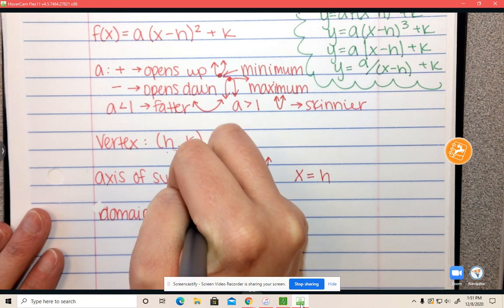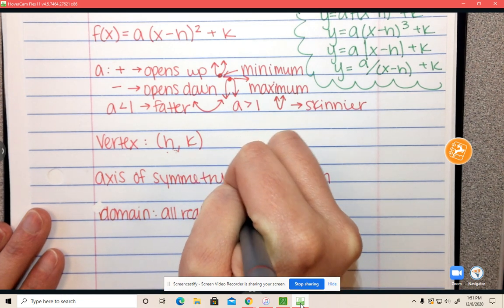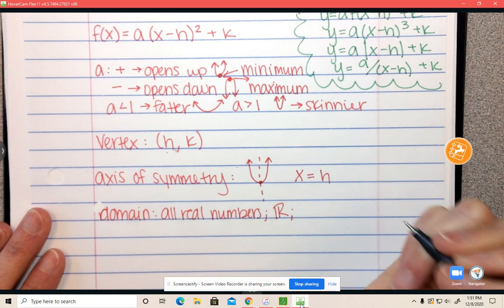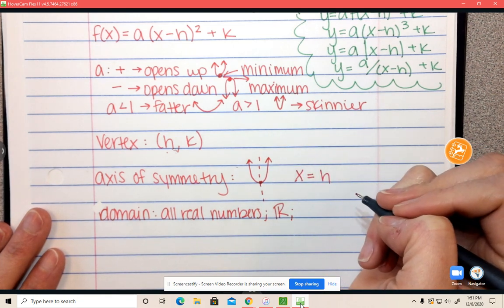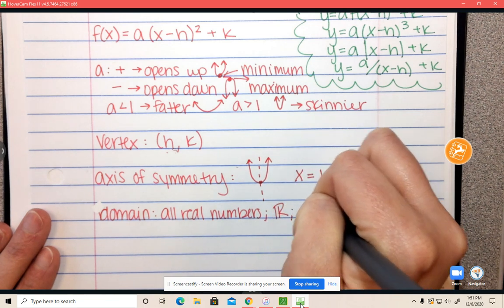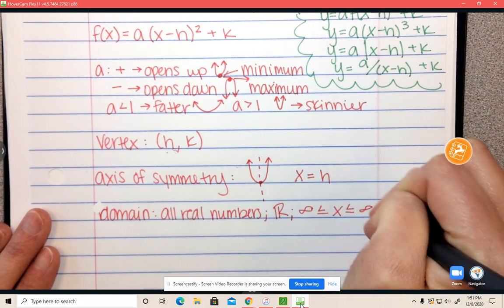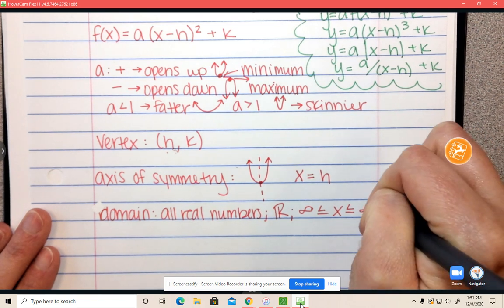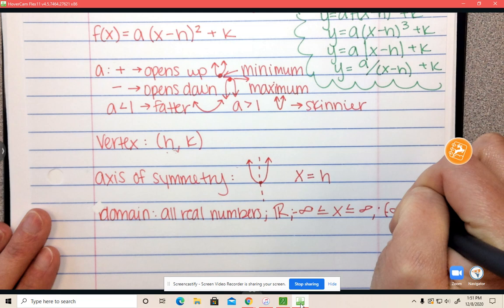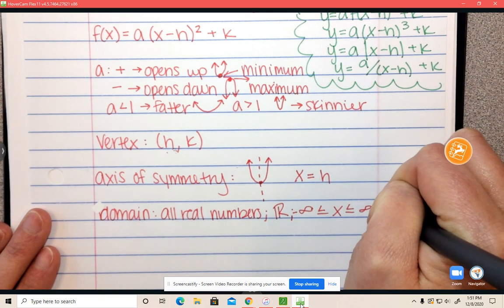You can say all real numbers. Sometimes you'll see this capital R. You might see an inequality, or you might see interval notation. So negative infinity to positive infinity.